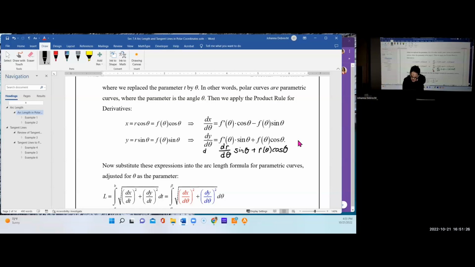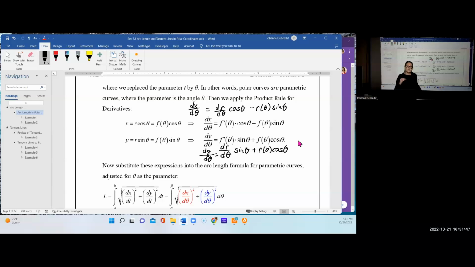And this represents dy/d theta. And for dx/d theta, we can write dr/d theta cosine theta minus r of theta sine of theta. And this represents dx/d theta.